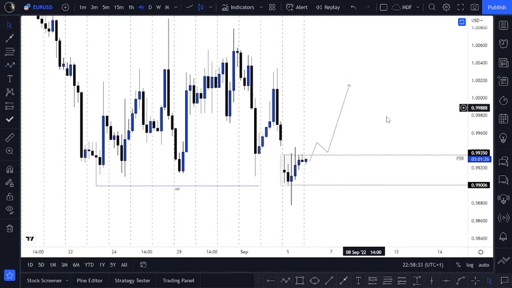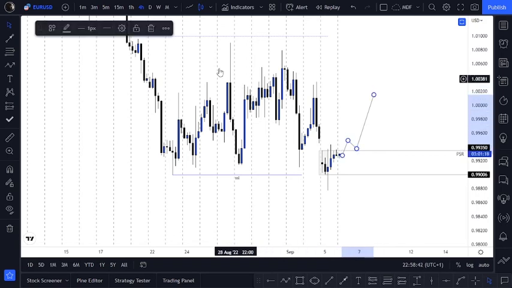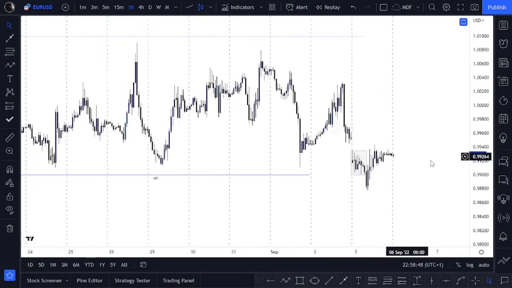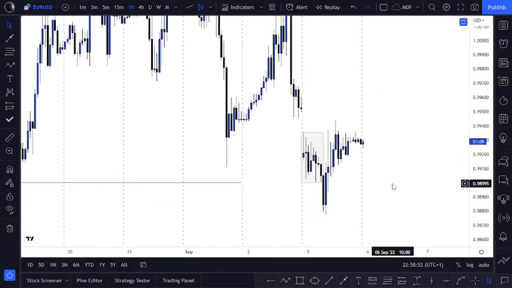This is basically what I would be expecting on EUR/USD. If it can break above this level, I'll be looking for opportunity for a retest for me to long EUR/USD. There's nothing much here on EUR/USD to talk about. I'm just waiting to see what happens here. So that's it about EUR/USD.